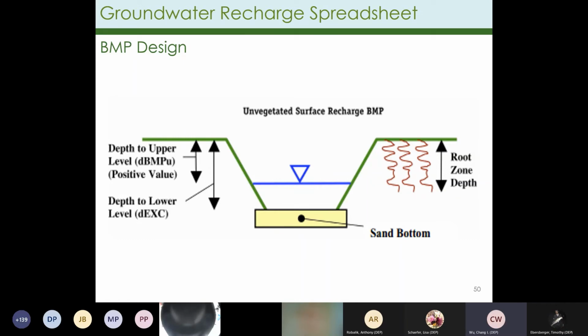So the distance would be from the water level in the basin to the level of those surrounding vegetated ground, and the value will be positive. And the DEXC from the bottom of the basin to the vegetated ground will be the full depth of the basin.